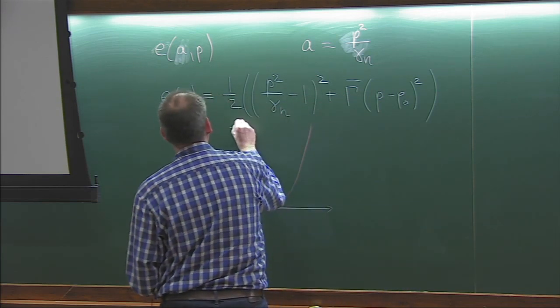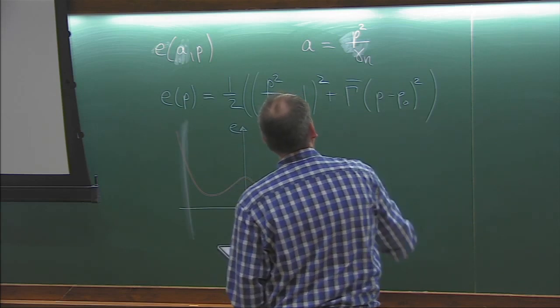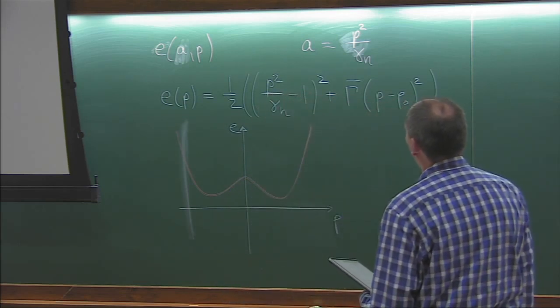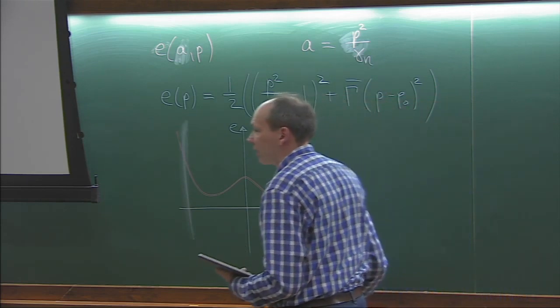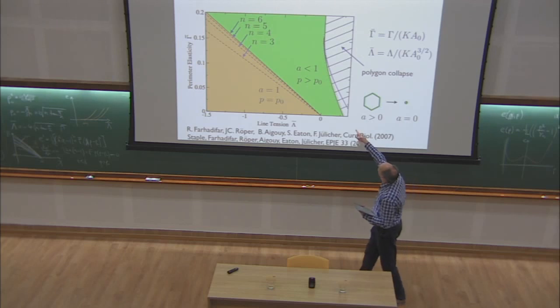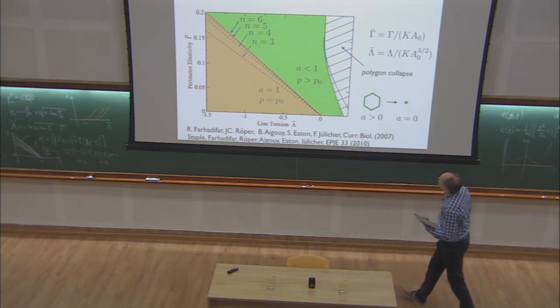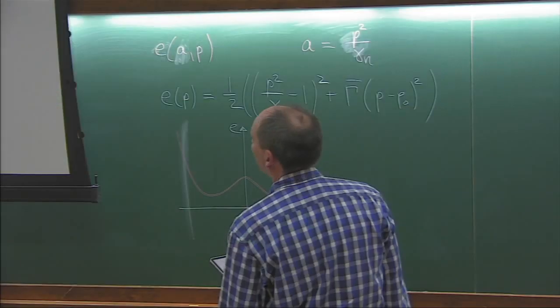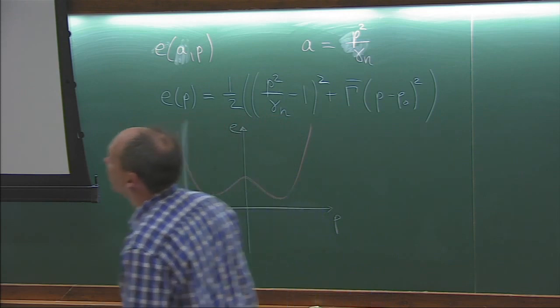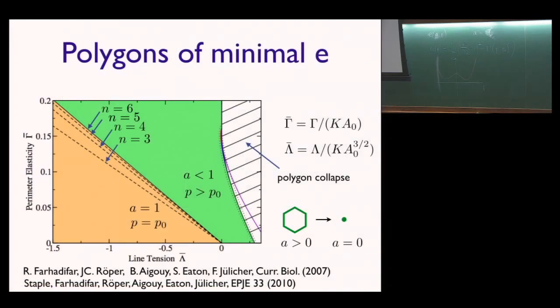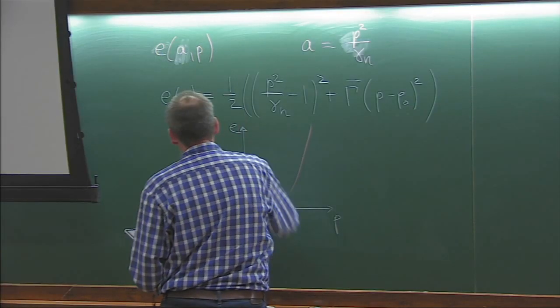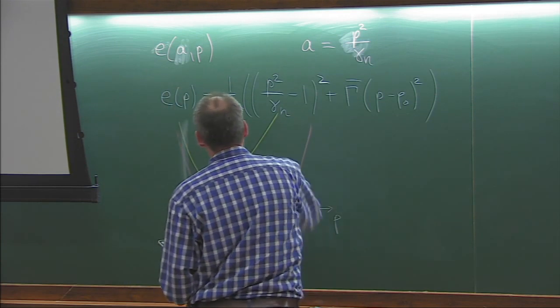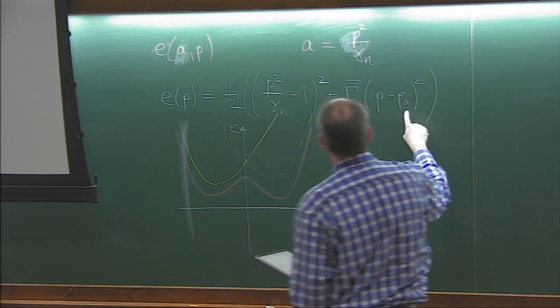So the plot here is E versus P. And this here is a parabola, which in the case which I'm interested in has a positive line tension lambda, and I want to describe, want to go in this direction here. So this can be either positive or negative. Either I have a parabola which sits on this side here, or I have a parabola which sits on this side here, depending on the sign of P0.